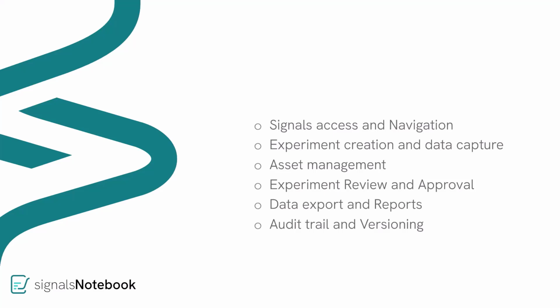We have also looked at how experiments can be sent for review to a team leader or a group leader for approval. Data captured in the notebook can be exported and shared with your colleagues and collaborators. And we have also seen how audit trail is captured and how we can explore the history of your experiment.